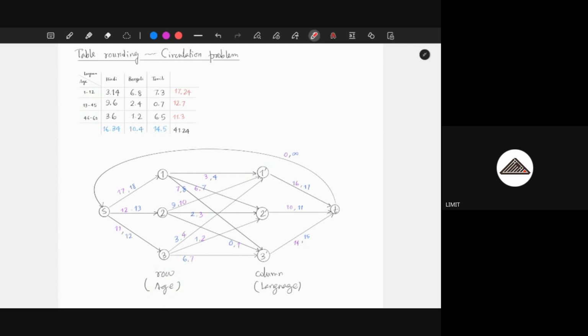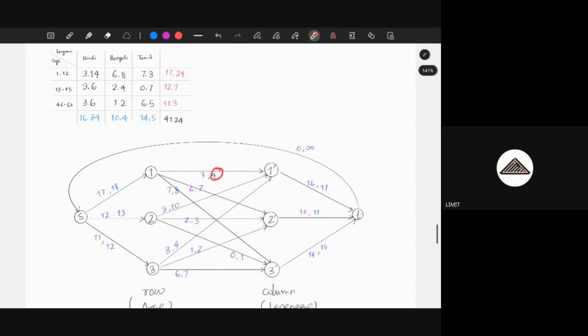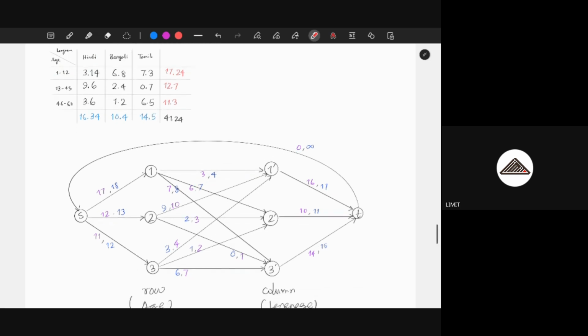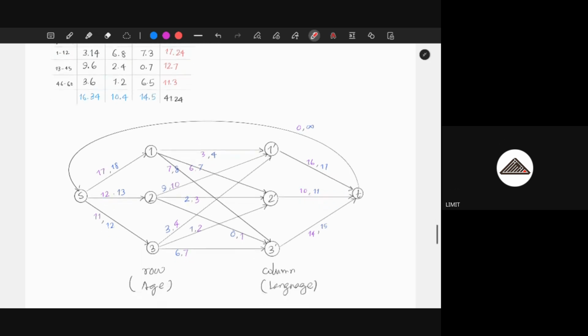I put an edge with a weight, where weight means capacity and a lower bound. So from 1 to 1', I have lower bound 3 and upper bound 4, and so on. Play around with it.